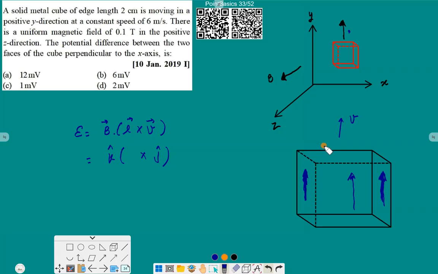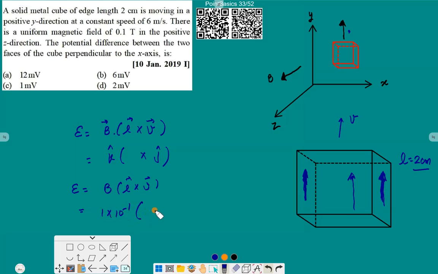Now actually length is decided as per the direction of the current, but here we don't have the direction of the current. But in every case length will stay the same, that is 2 centimeters. So it does not matter which length we are taking, it will stay 2 centimeter. So simply we can write induced EMF will be B into L cross V. Value of magnetic field is 0.1 Tesla.